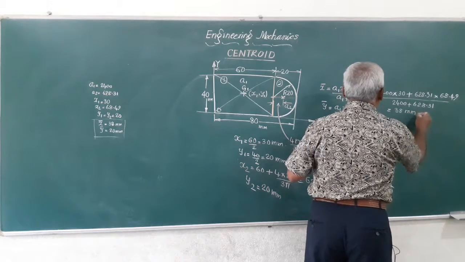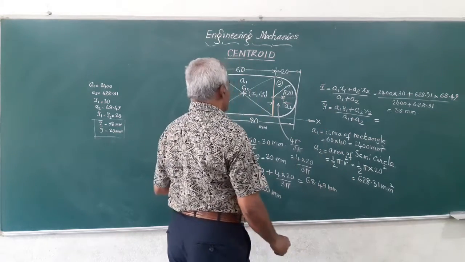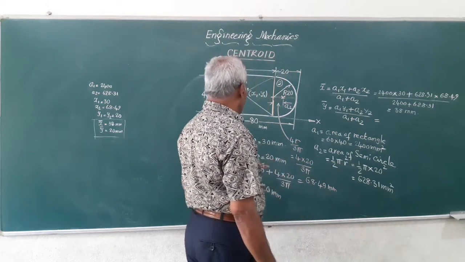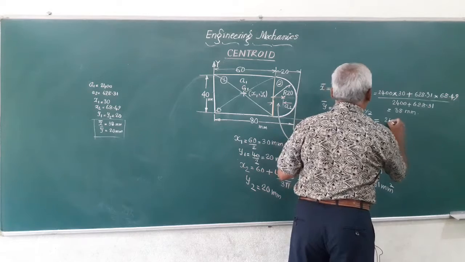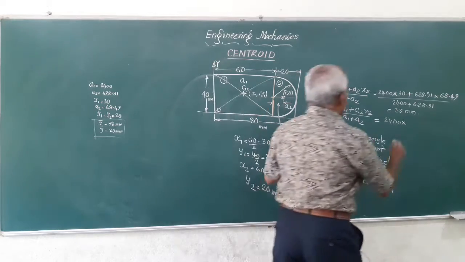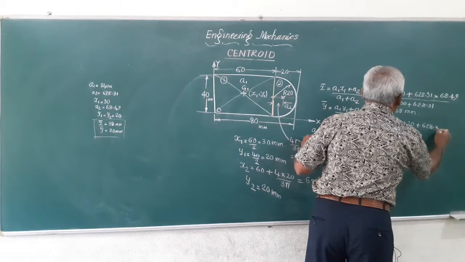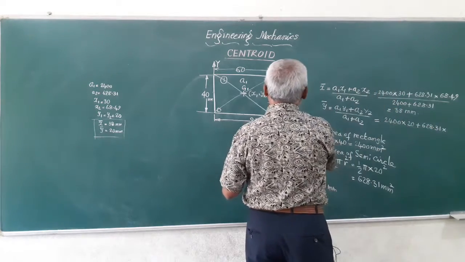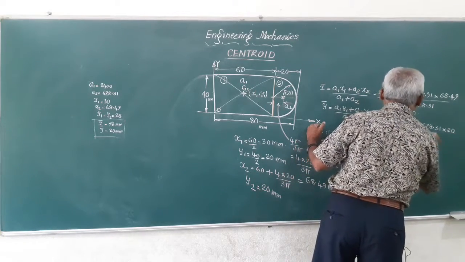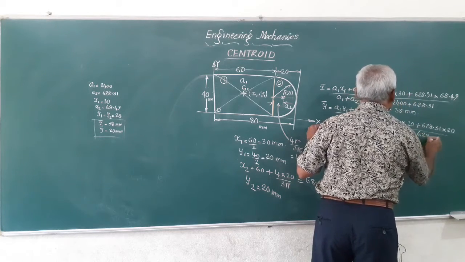Similarly, let us make the substitution and find out what is y bar. Friends, y bar is A1 y1 plus A2 y2 divided by A1 plus A2. Area 1 is 2400, the value of y1 is 20 mm, plus area 2, 628.31, multiplied by y2, which is again 20, divided by 2400 plus 628.31.